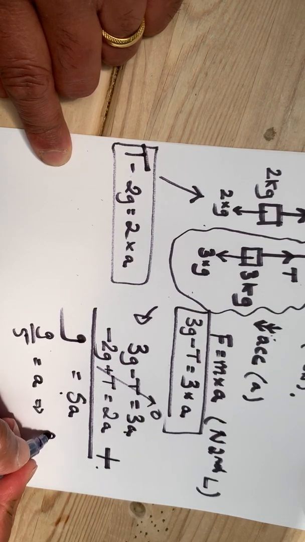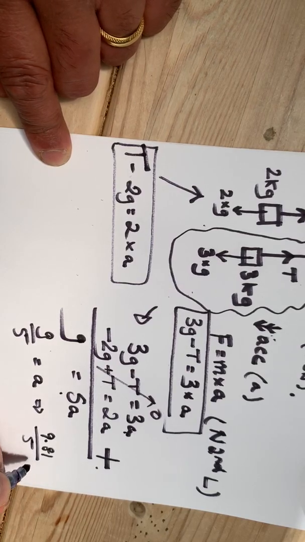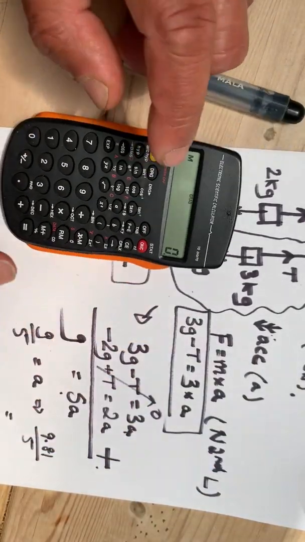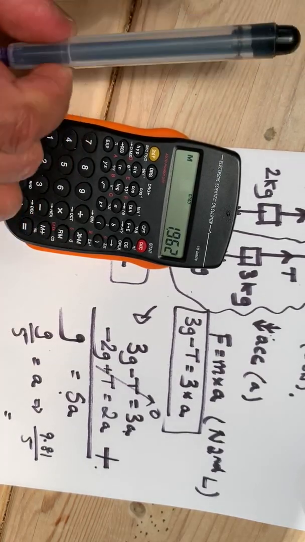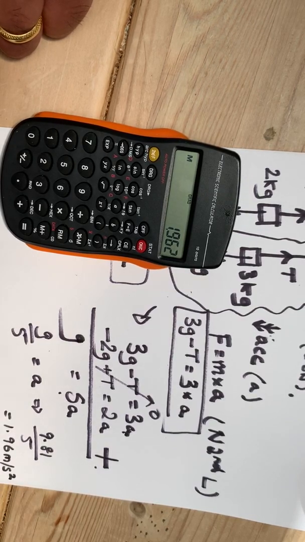Where you can assume g is equal to 9.81, 9.81 divided by 5 equals 1.962, so let's round it off to 1.96 meters per second squared, and that's your value. In the exam you might be given g equal to 10, divided by 5 is 2, but in this case we use 9.81 to get an acceleration of 1.96 meters per second squared.